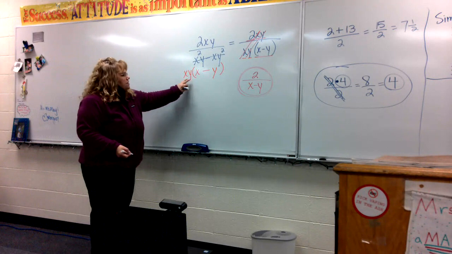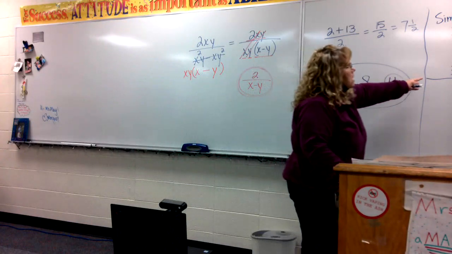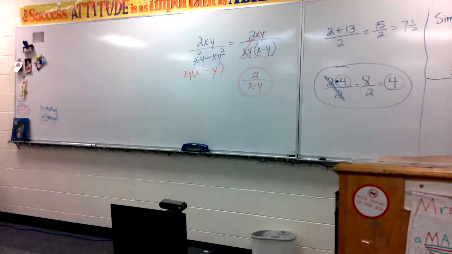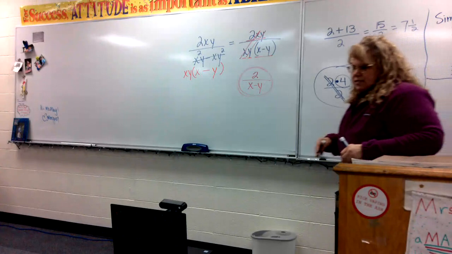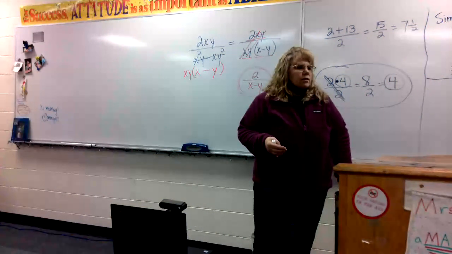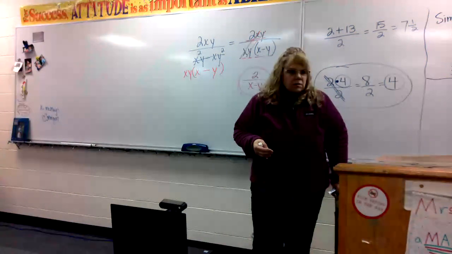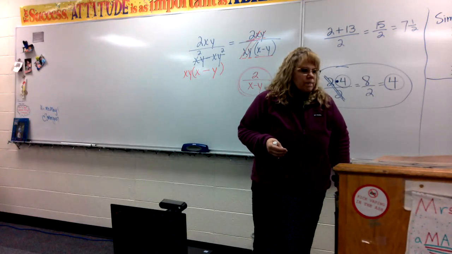So sometimes you'll be able to take out letters. Over here you took out numbers. Over here you had to factor into the two quantities. Do you have questions? Do you think you get it?